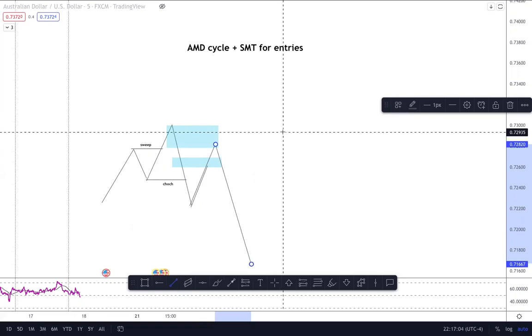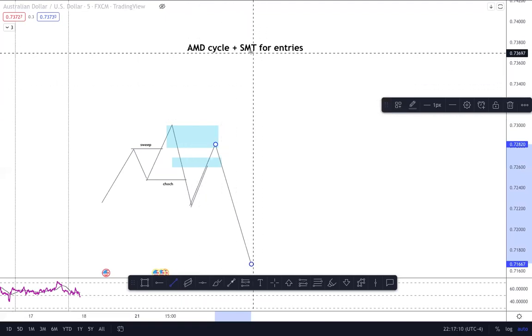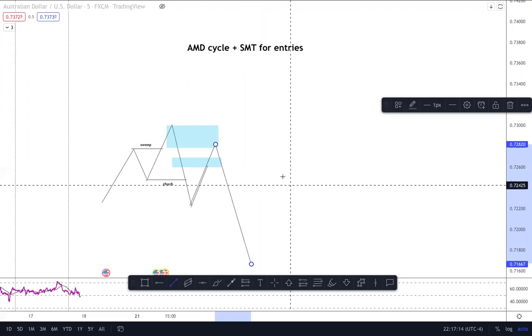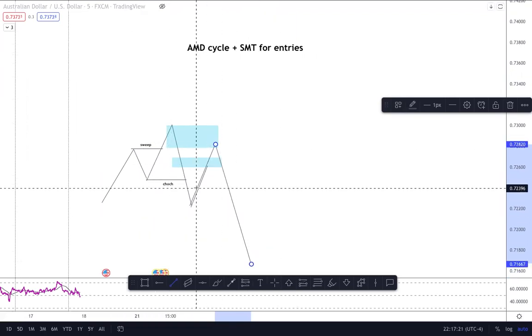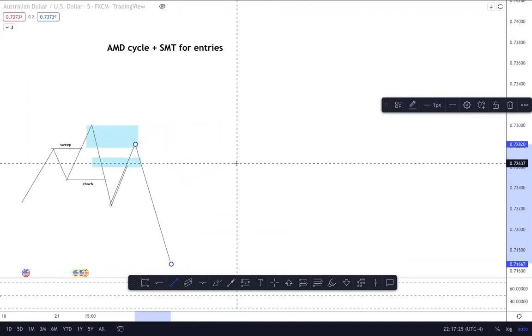Use these as tools to backtest for the most part. There are a bunch of different patterns associated with the AMD cycle as well as the smart money trap. However, the best way to learn it is building off of the basic foundations, which I'm going to show you here today. So now that we understand what the AMD cycle looks like, let's now have an understanding of what the smart money trap looks like.